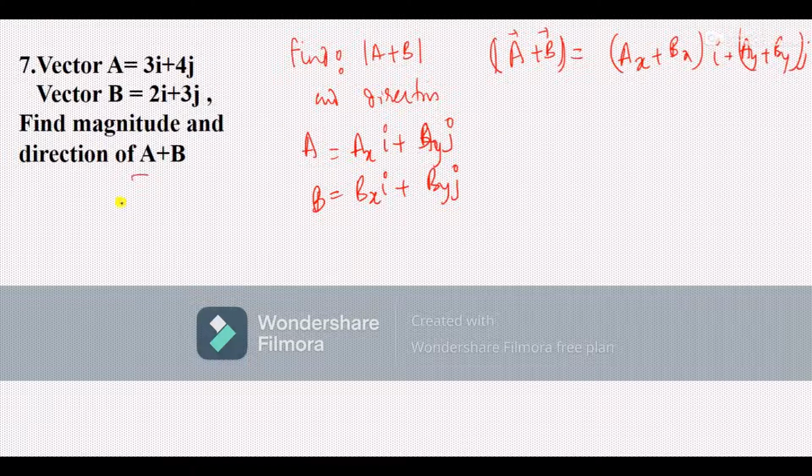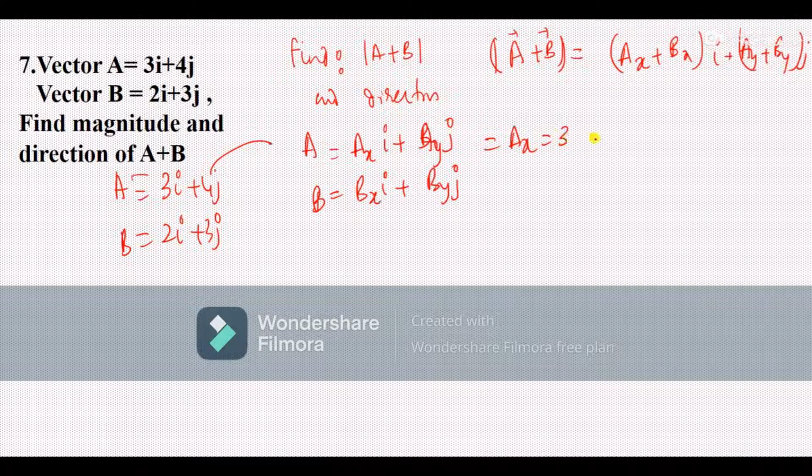Now directly we can imply from these two equations that AX is equal to 3 and AY is equal to 4, and BX is equal to 2 and BY is equal to 3.